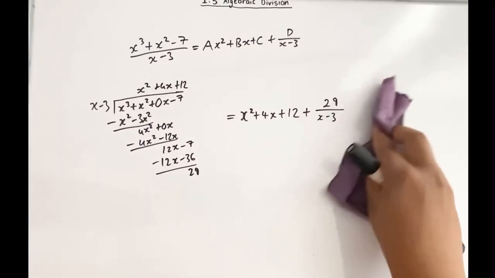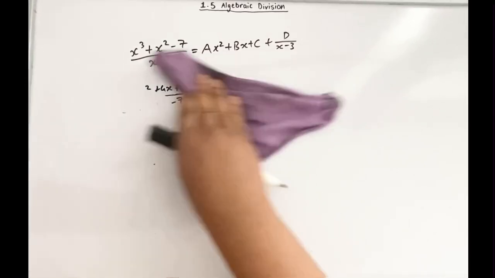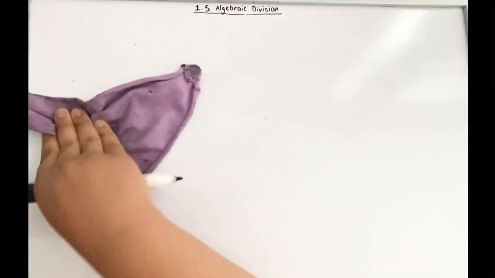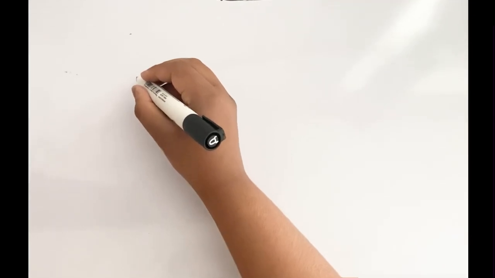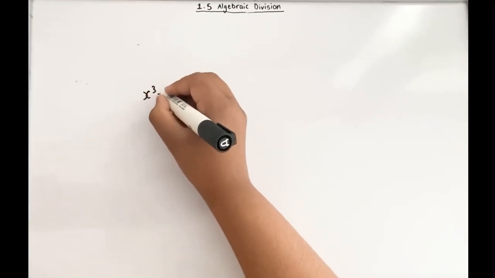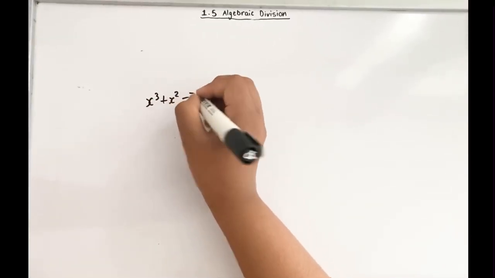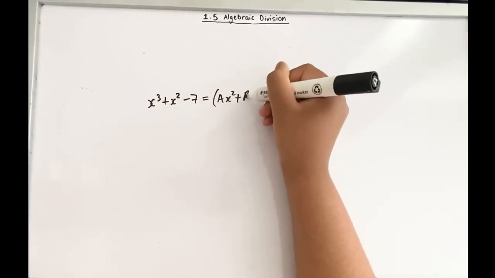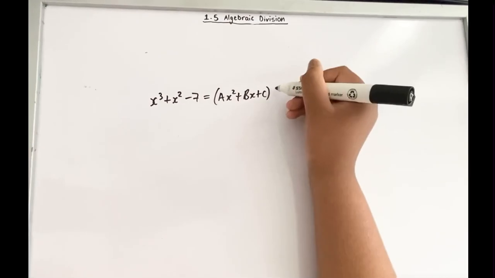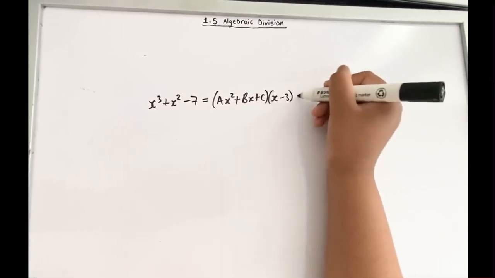That's the first way. The second way is, given that x cubed plus x squared minus 7 equals ax squared plus bx plus c times the divisor x minus 3 plus d.